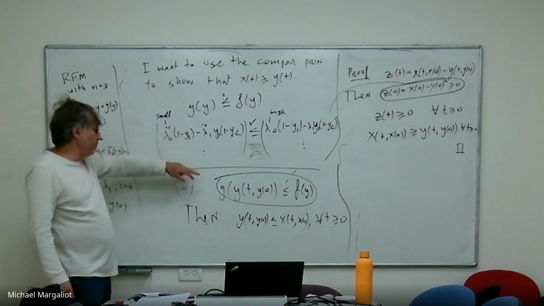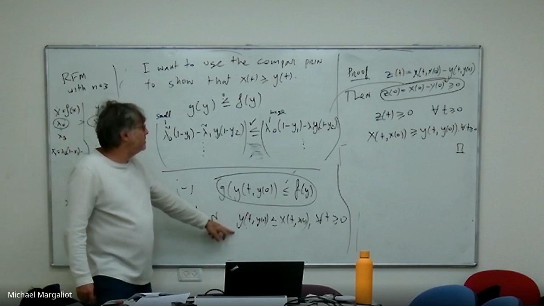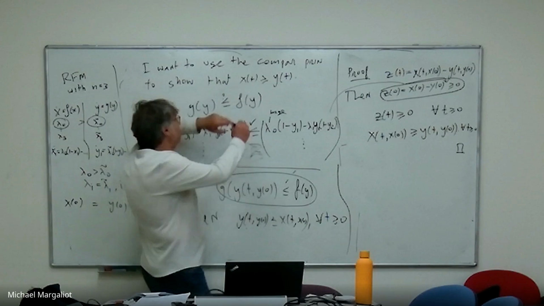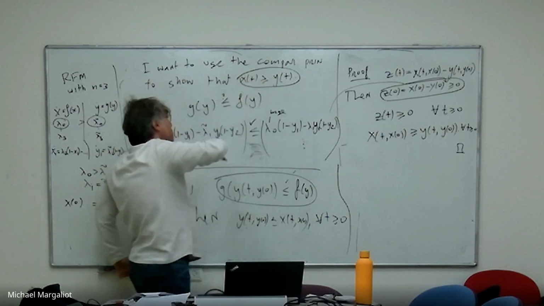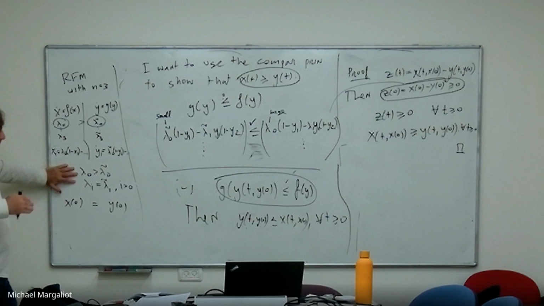So now I can apply the comparison principle to conclude that the y solution is smaller or equal to the x solution. So in the RFM with higher rates, I always get higher densities everywhere.